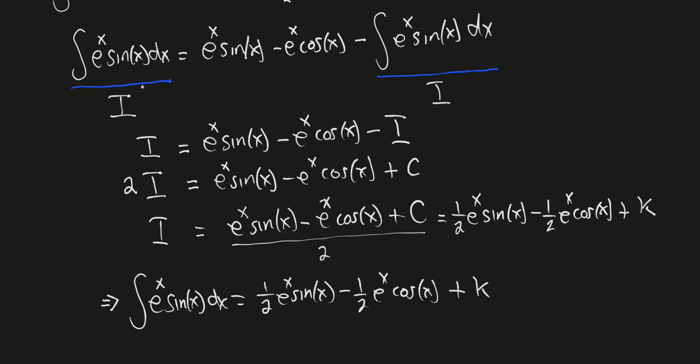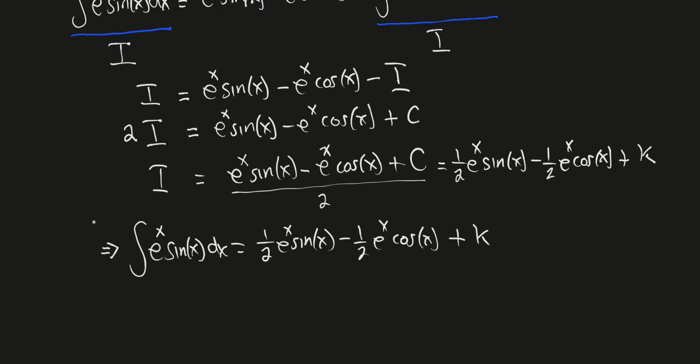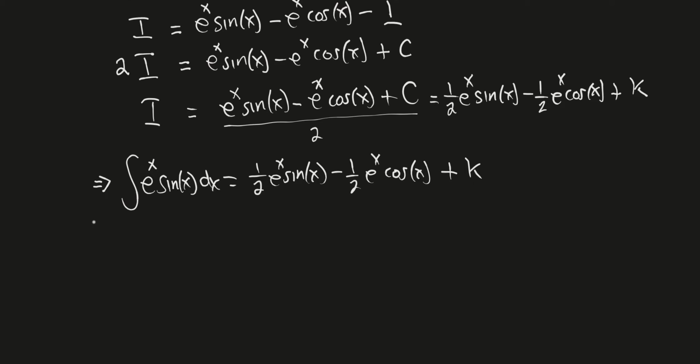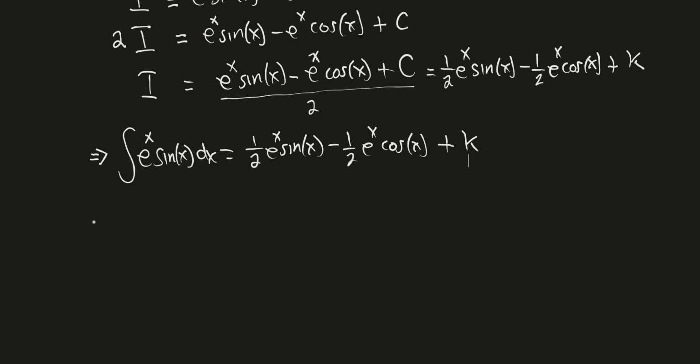All right, so let's look at another example of something like this. And in this case, I'm going to show you how we can actually apply our table method to this. So here's another example, and this shows up so many times when you have an exponential function.